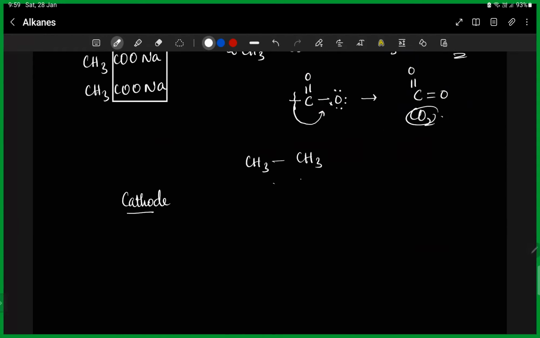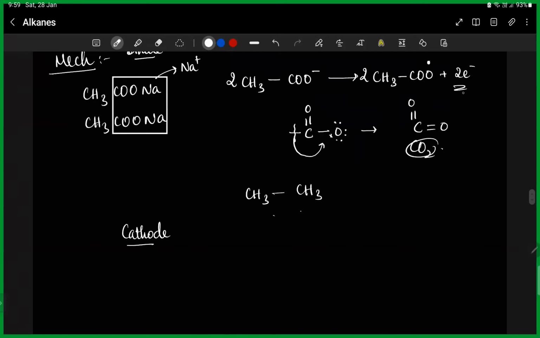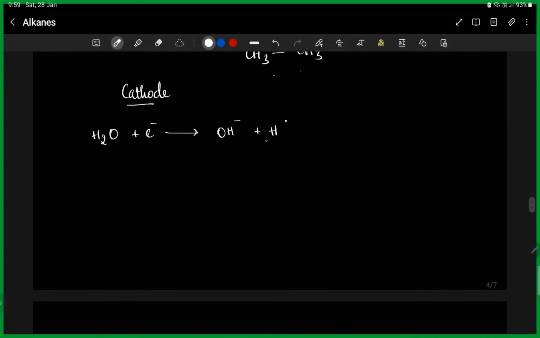At the cathode, what happens is these two electrons are accepted by H2O. So we have H2O, it accepts electrons and it turns into OH minus and an H radical. Because of constant production of these H radicals, two H radicals combine to form H2 gas.